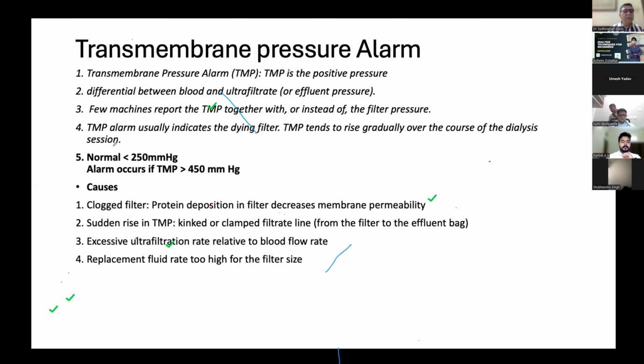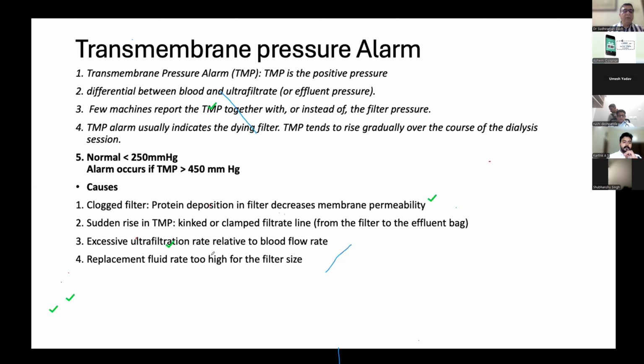And what are the causes of high TMP? Either it is a clogged filter due to protein deposits in the pores itself, which causes increased TMP to deliver the ultrafiltration. If there is a sudden rise in TMP, that could be due to a clamped line, and you have to check the circuit to see whether the filter or the effluent bag, or anything, is clamped.